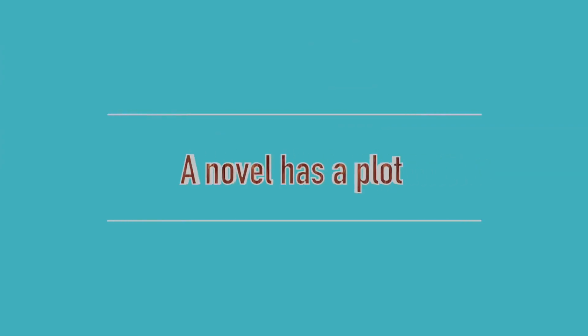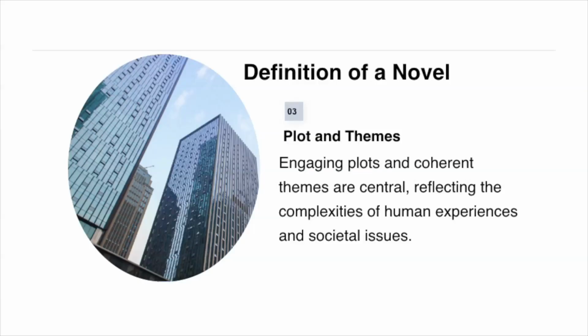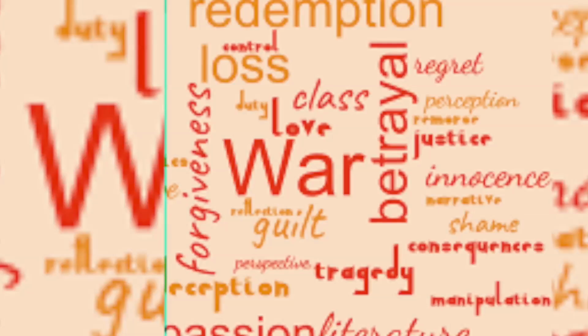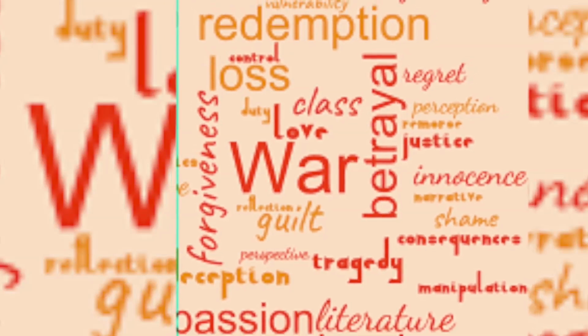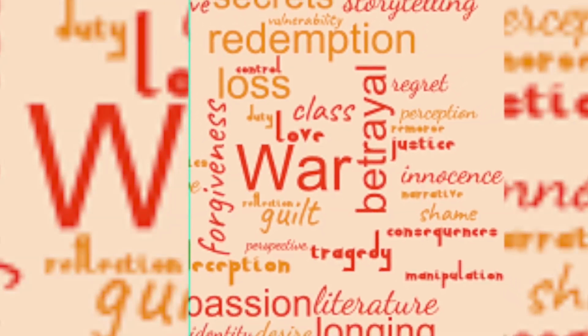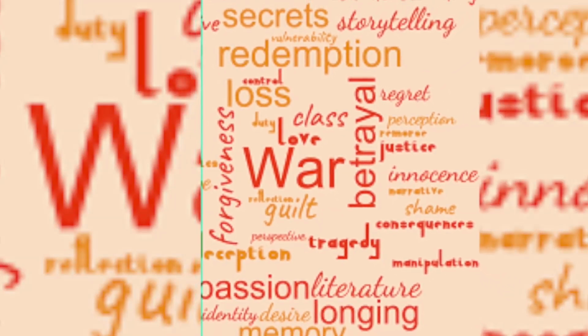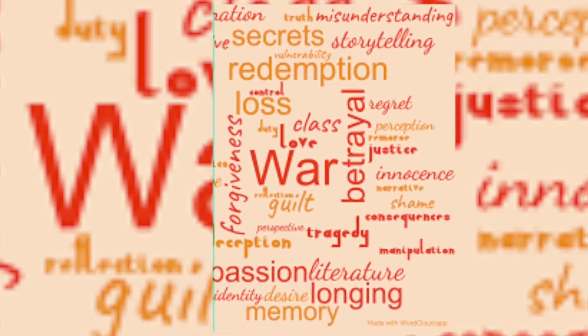Then we come to the third most important aspect of the definition of a novel, that it has a plot. That means it has different themes, meaning different subjects or topics. A novel can deal with society, war, love, or pain, anguish, trauma and sadness.